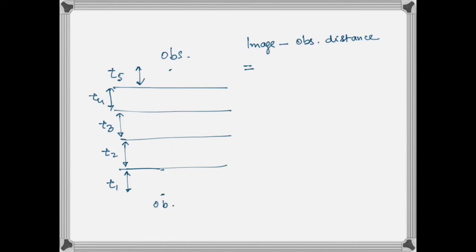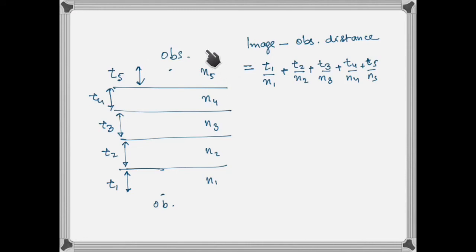So T1 by N1 plus T2 by N2 plus T3 by N3 plus T4 by N4, we'll go on adding like that, and plus T5 by N5. You can write up to T4 by N4, and it will give depth from this surface.